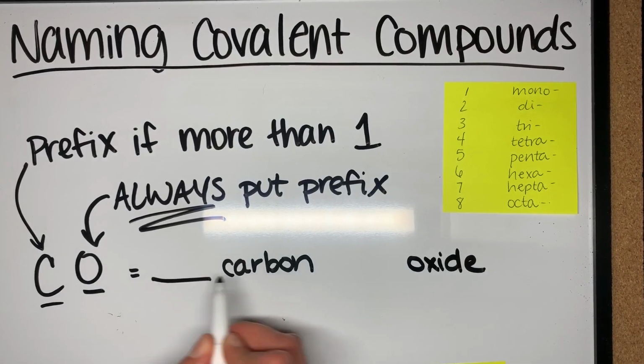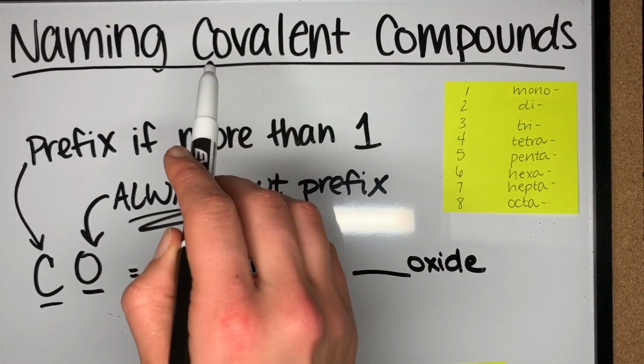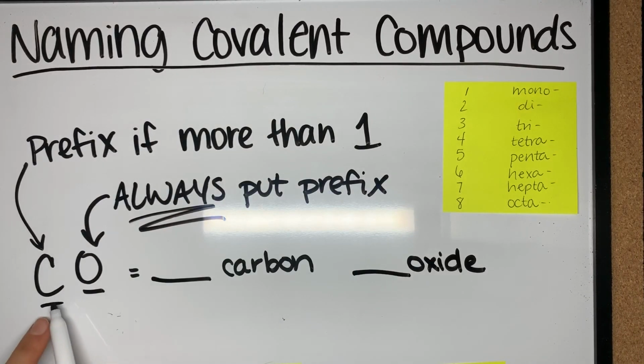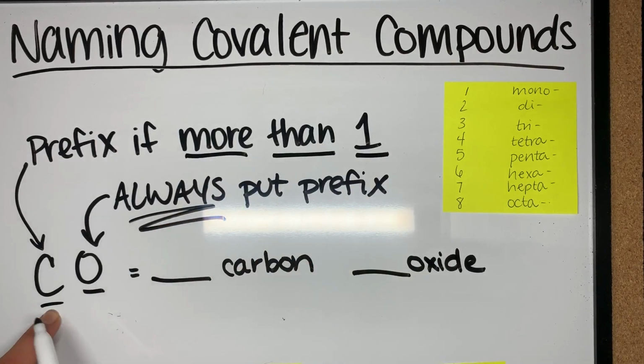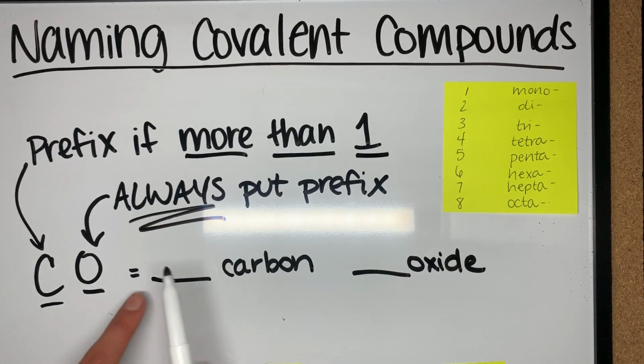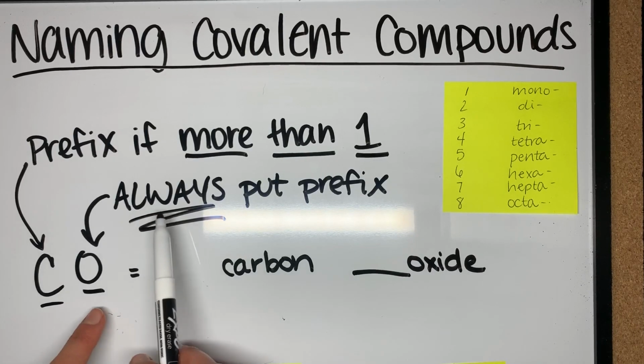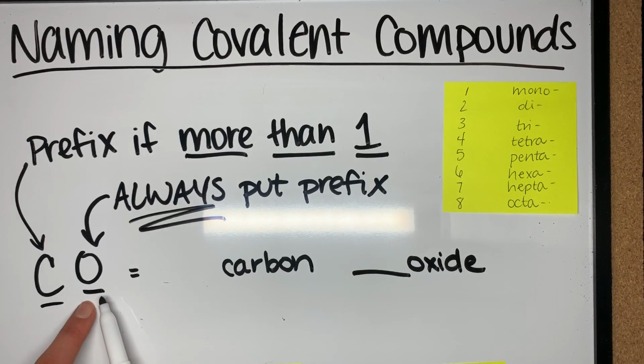Now we need to put prefixes on it because it is covalent. You only put a prefix on the first element if there is more than 1. There's only 1, so we do not put a prefix on the carbon. You always put a prefix on the second element, no matter how many there are.